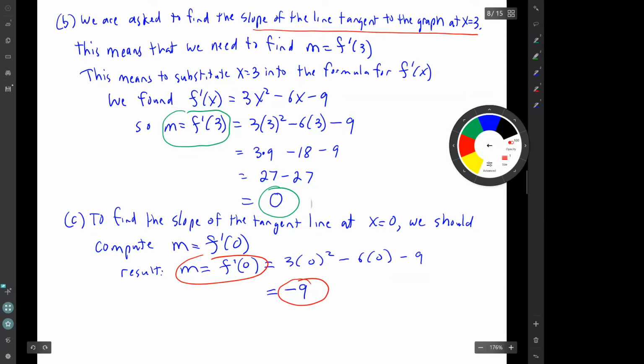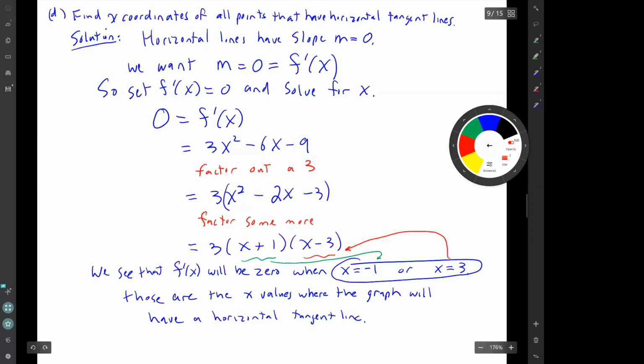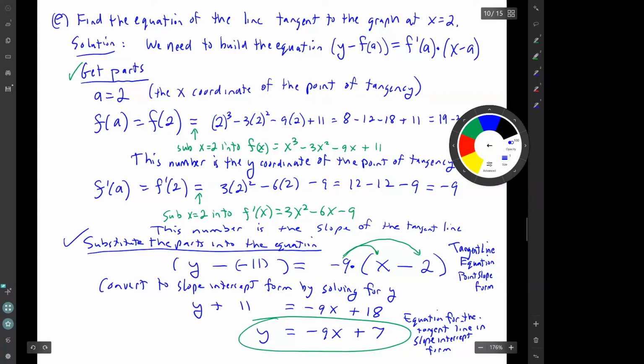In C, we found that f prime parentheses 0 is -9. In D, we found that the points on the graph with horizontal tangent lines were the points with x equals -1 and x equals 3. And finally, in question E, we found an equation for this tangent line. So let's go illustrate all of those on the graph.